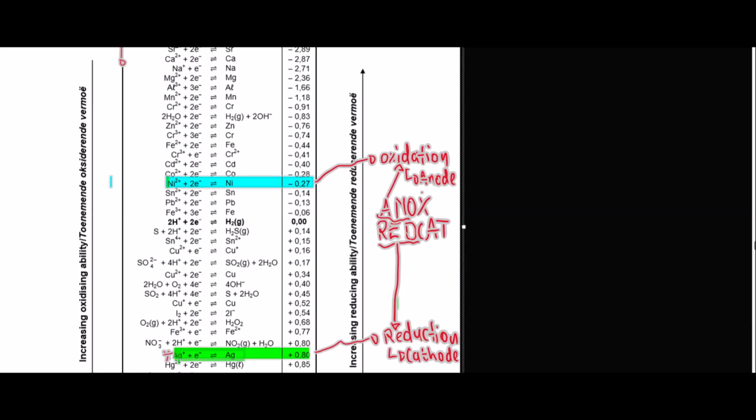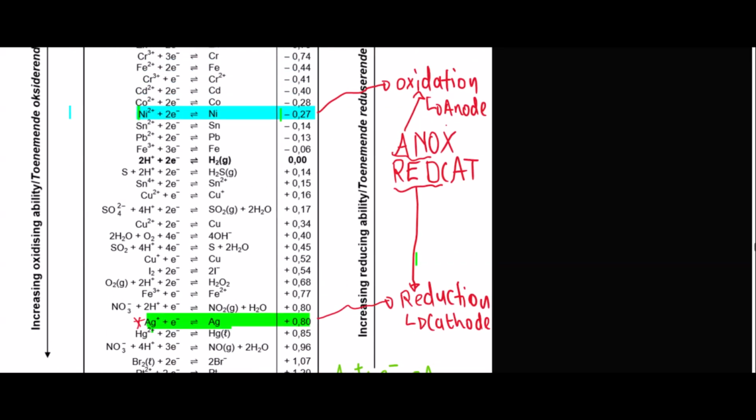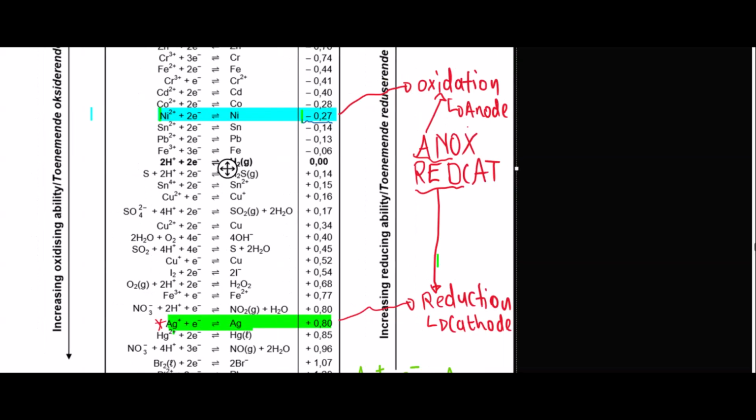Right, so let's just quickly go there. Which numbers are we going to make use of? We have negative 0.27 and positive 0.80. So let's go and calculate that.